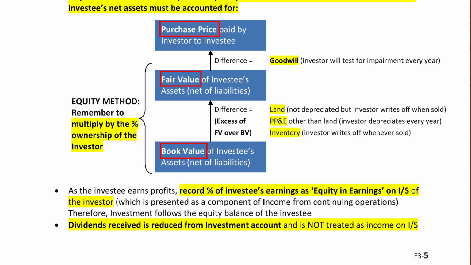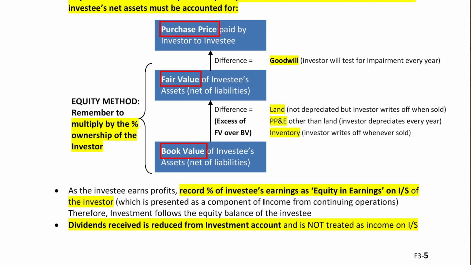So once again, very quickly, recapping this. In the equity method, the original investment is recorded at cost. Any difference between the purchase price paid for the investee and the book value of the investee's net assets must be accounted for by the investor.